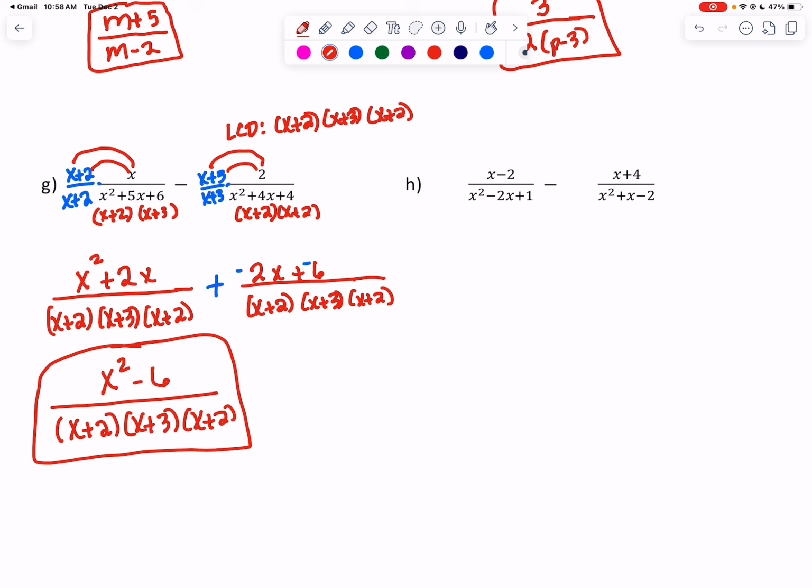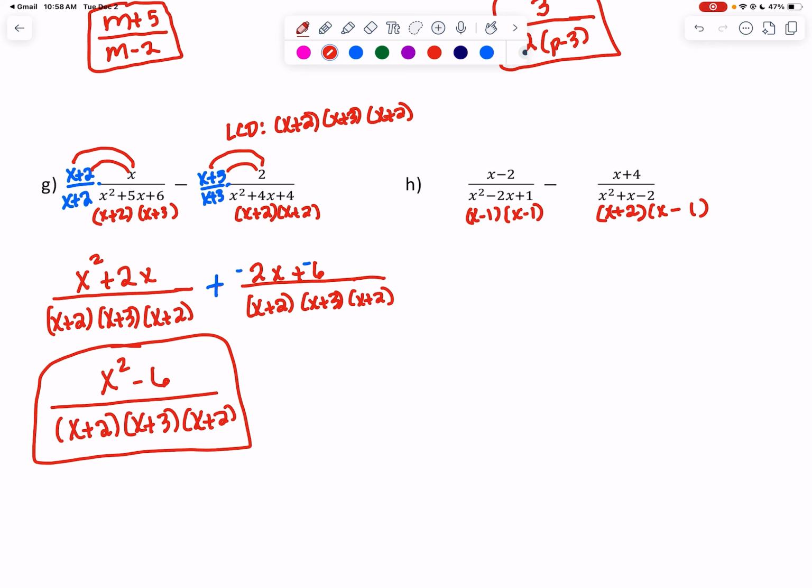All right, problem H. We have x minus 2 over x squared minus 2x plus 1. So I'm going to factor this first denominator to x minus 1, x minus 1. My second fraction, we have x plus 4 over x squared plus x minus 2. I'm going to break that down to x, 2, and 1, making the 2 positive, the 1 negative.